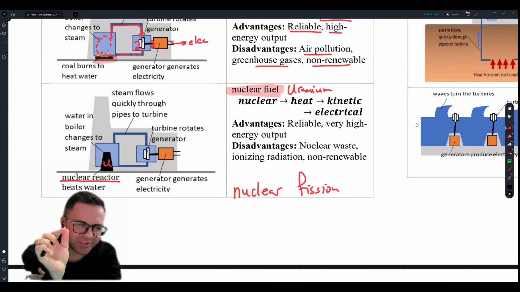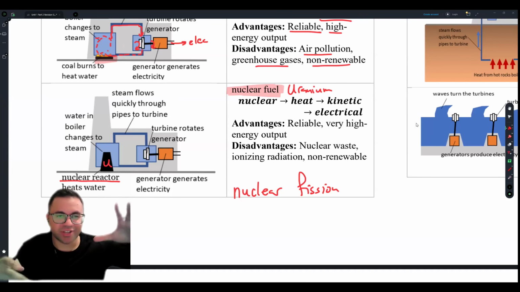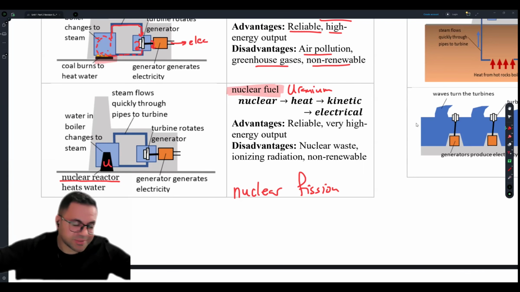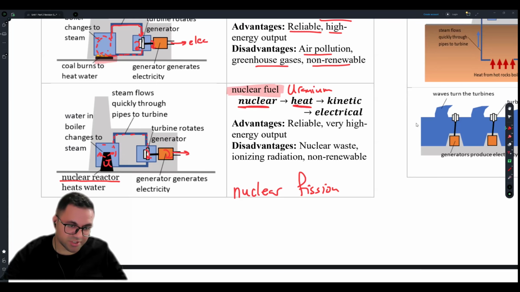We usually do that by firing a very small neutron inside, and it breaks the nucleus and creates a chain reaction that breaks all the other uranium nuclei. But that reaction converts nuclear energy to heat. The rest is the same story. The heat boils the water, turns to steam, the steam hits the turbine, which spins the generator, generates electricity, water condenses, goes back. Same story.